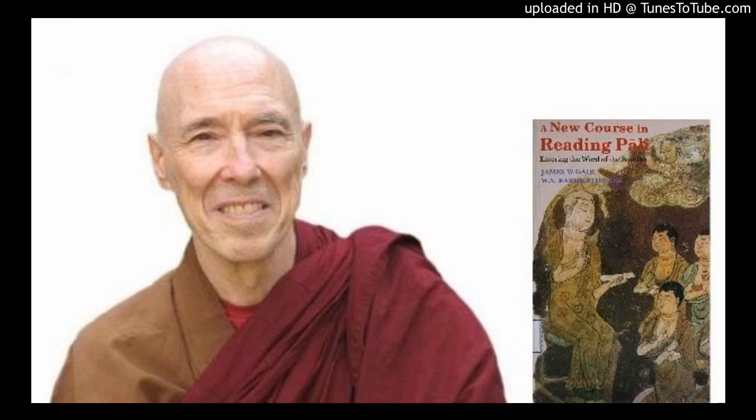aorist form. It's the past of a verb root vach. See, the root vach means to speak. But in Pali, we don't have a present active form deriving from vach, because there's another root which means to speak, bud.